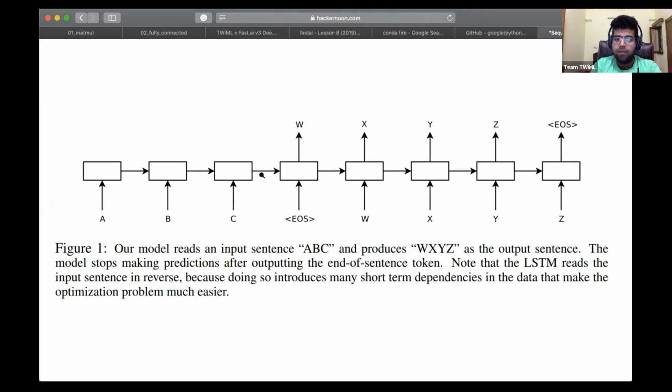The incomplete explanation to that was, if we pass in CBA as the input, as opposed to passing ABC sequentially when we're trying to predict WXYZ, that minimizes something known as quote-unquote time lag between A and W, the targets, while maintaining the same average time lag as the original sequence. So reversing the sequence really helped SGD perform better.